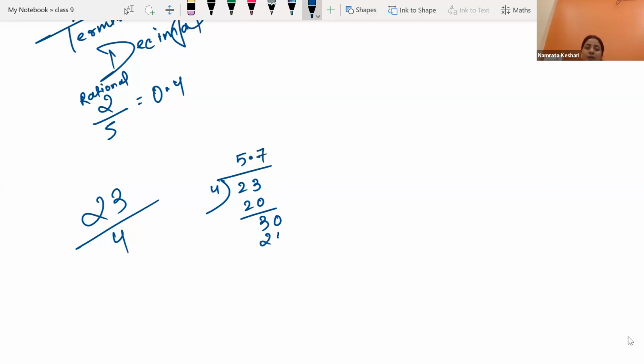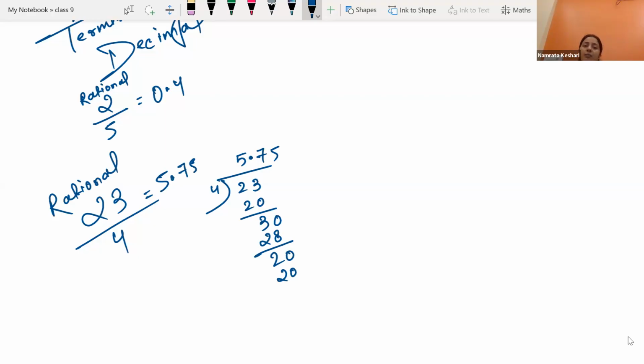And then we'll be having 4 5 times 20. So we have taken a fractional number in P by Q form, and we understand it is rational. We converted it in the form of decimal, and we got 5.75, which is again a terminating decimal.